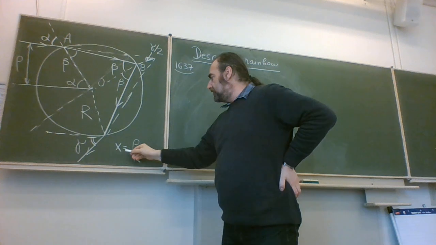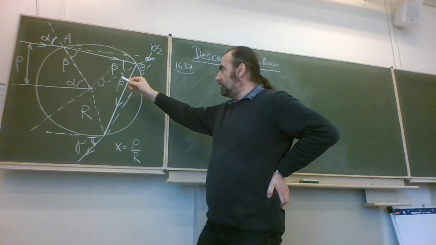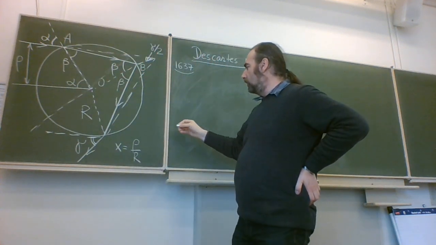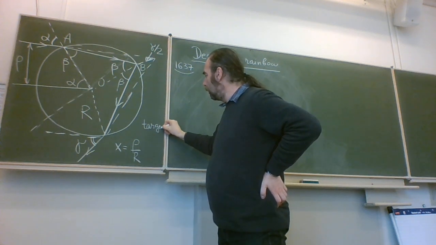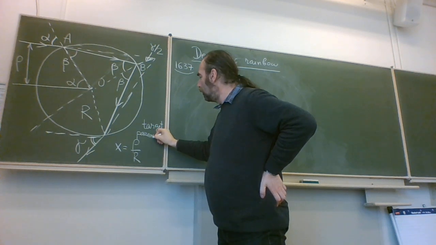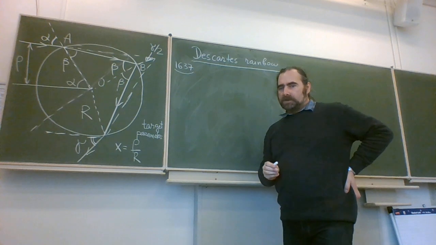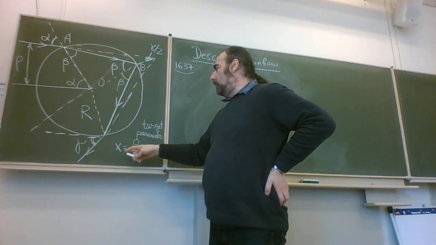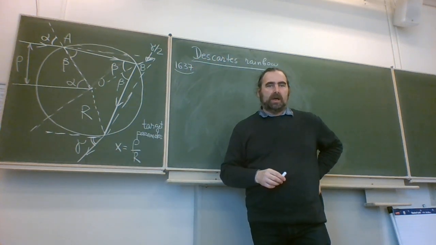And this x, which is a dimensionless parameter, this distance rho divided by the radius of the droplet, I will call the target parameter. And what we are going to do first is to calculate this angle gamma as a function of the target parameter x.